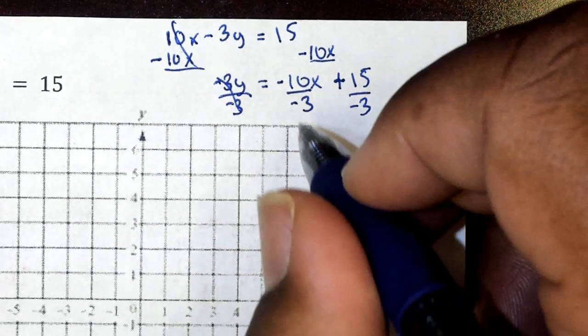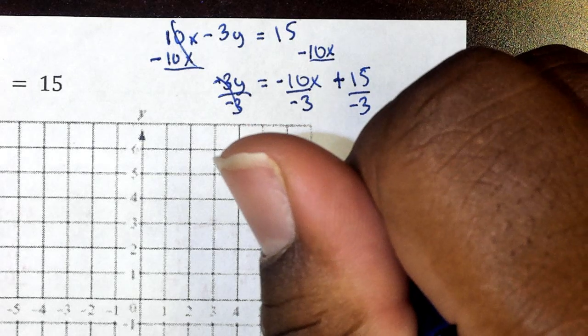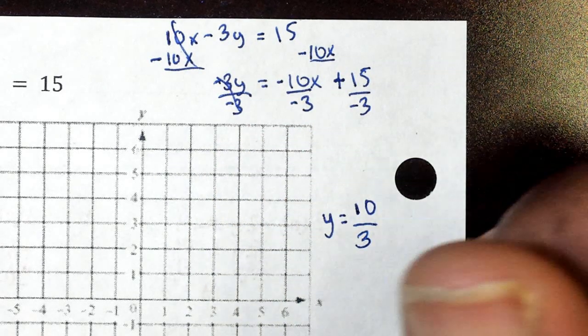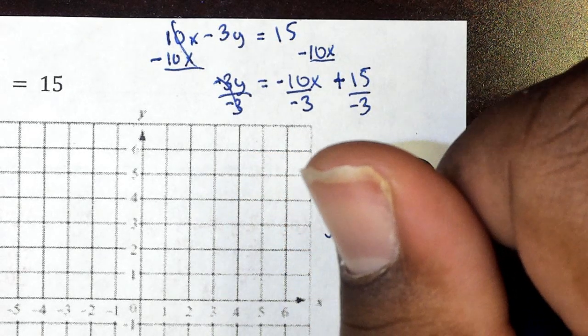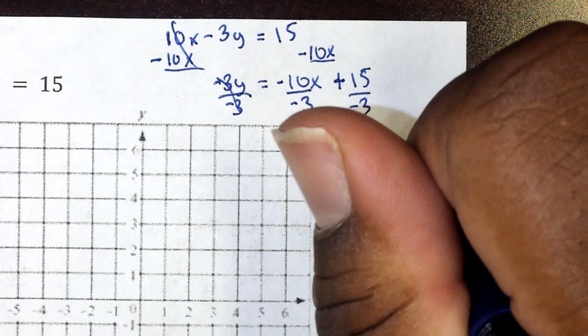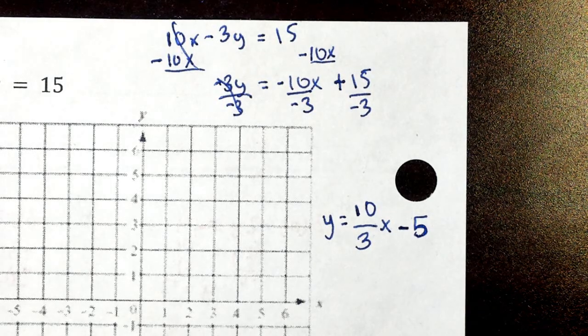You should understand a negative divided by a negative is going to give you a positive. So you should get positive 10 over 3 x. And then 15 divided by negative 3, you'll get negative 5. So that's my slope-intercept form of this equation.